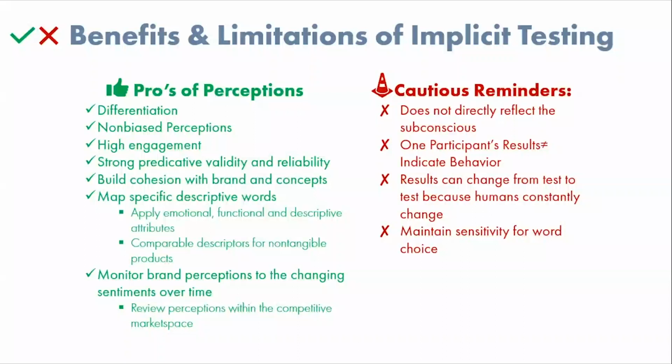Very, yeah, that's great. And I think this next one can be both a positive and a negative. The results can change from test to test. It's a highly predictive and reliable measure of people. However, given that people can experience different things, if you were to, for example, measure someone about Apple the phone, and then, like Kathryn was saying, if they had some sort of technical problem with it and you measure them after that, obviously their perception of Apple is going to change.